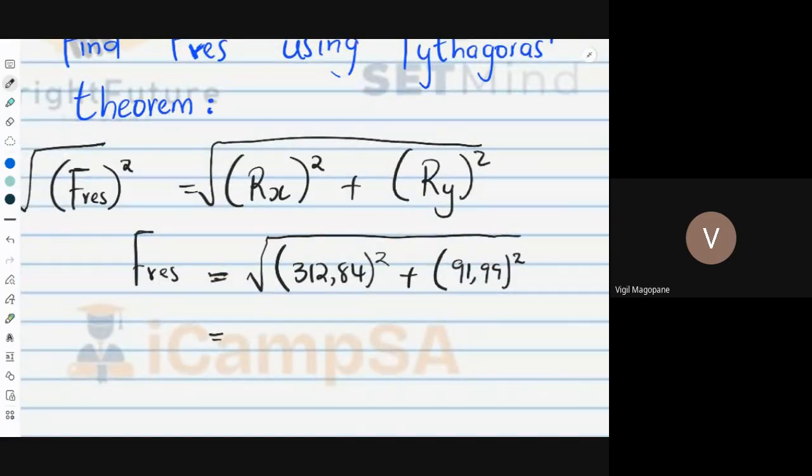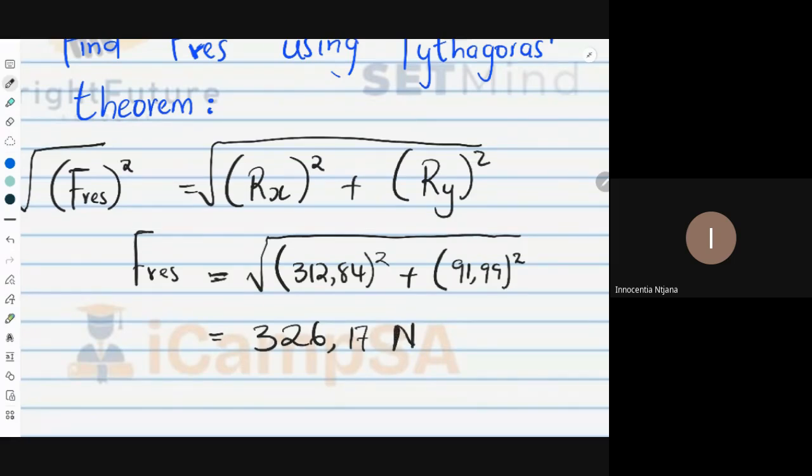Please go fast. We have to be done by 10 past. 326.17. 326.17 newtons. Give me the units as well, Innocent.